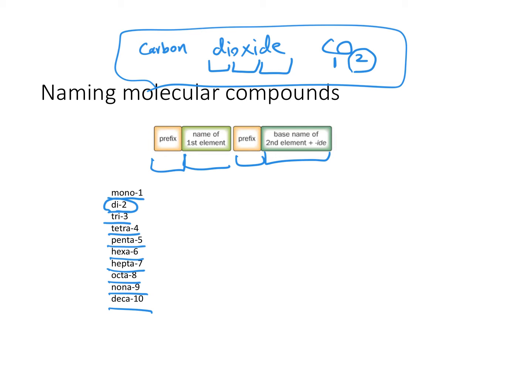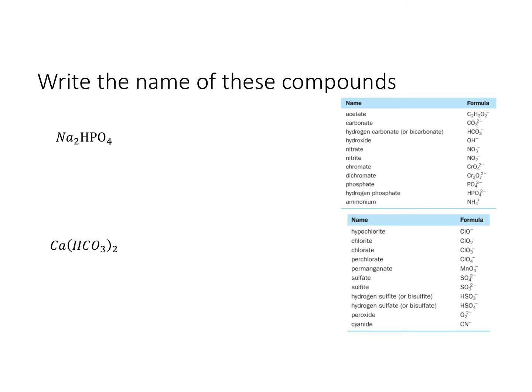Good? Okay, now let's solve some examples. This is how you see the problems in the exam. I say, write the name of these compounds, and I give you the table of polyatomic ions and ask you to write the name. Can anyone help me write the name? So what is the first one? I'm hearing sodium, right?